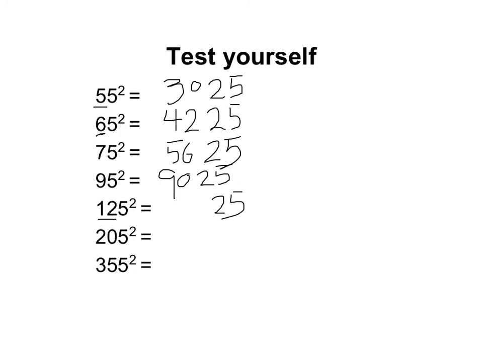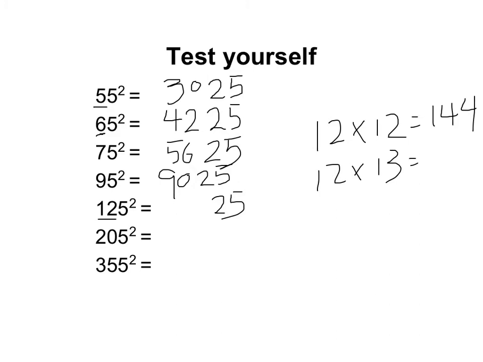Well, a lot of students remember 12 squared. That is 12 times 12. A lot of students remember that that is 144 because this number comes along very often. But now instead of 12 times 12, I have 12 times 13. That means I need one more set of 12. I'm talking about 13 sets of 12 instead of 12 sets of 12. So I need one more set of 12 on top of 144.